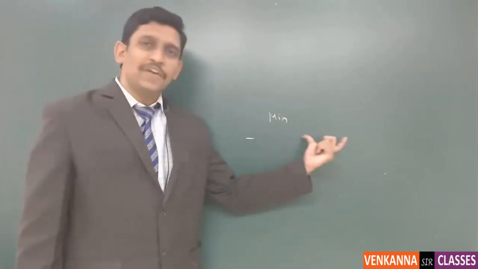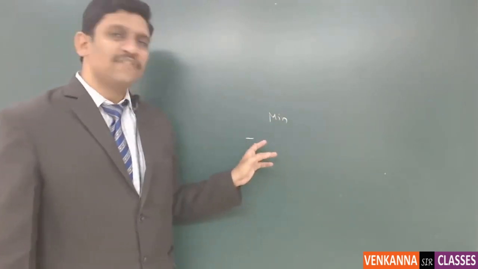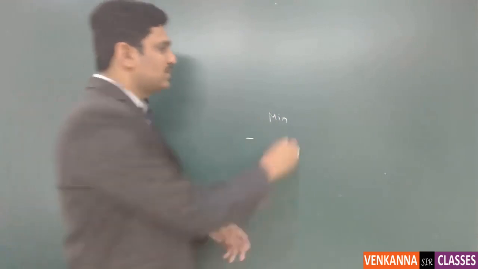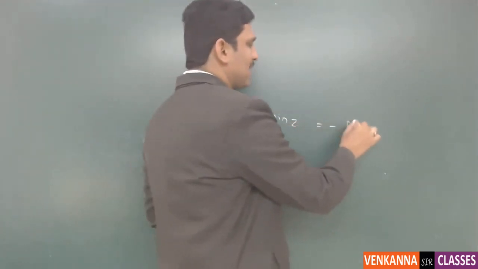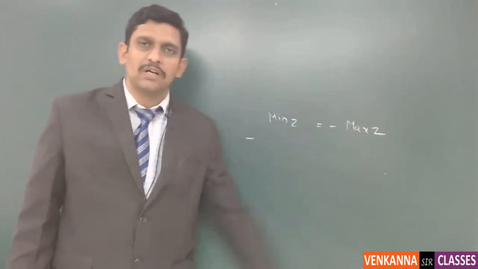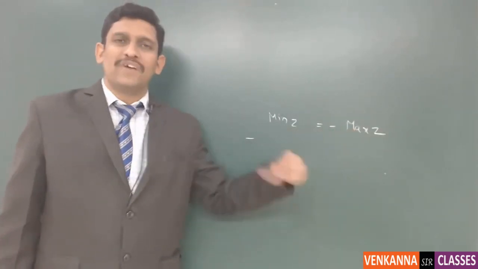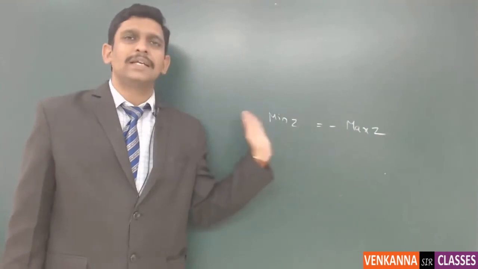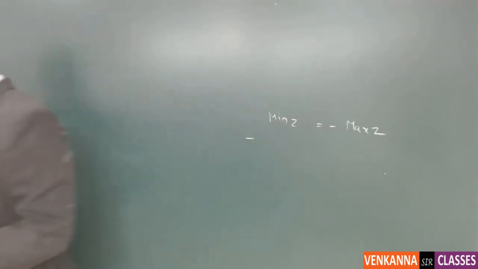So all the values in the objective function are multiplied with minus. So minimum z will become minus maximum z. So you do the same procedure without disturbing anything. So for the final answer, you put minus, that is nothing but minimum. That's all. That is the idea.